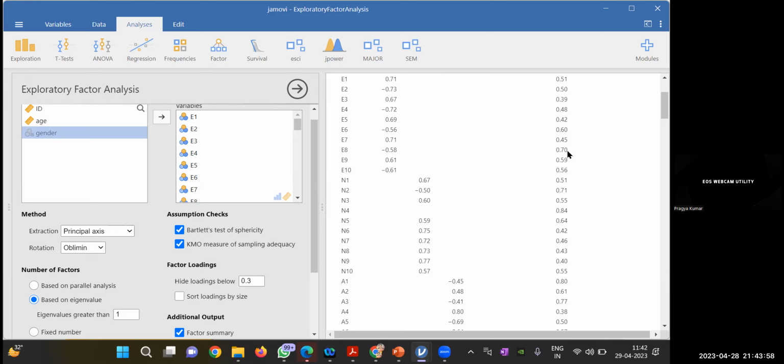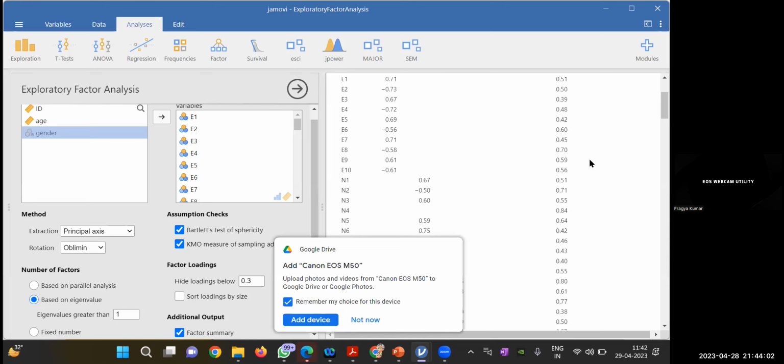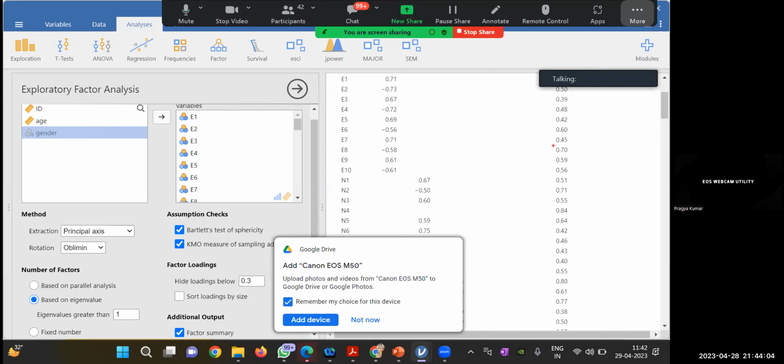Error should be less than 60. So what is the error in this case? Error or uniqueness? This variable. What about this item? What about this item? And this item. Sorry. So what is your comment on these four?